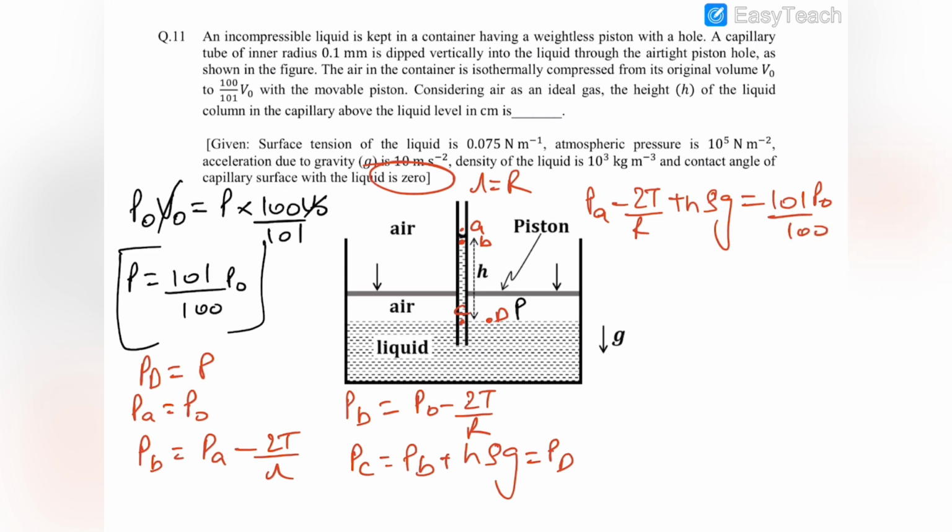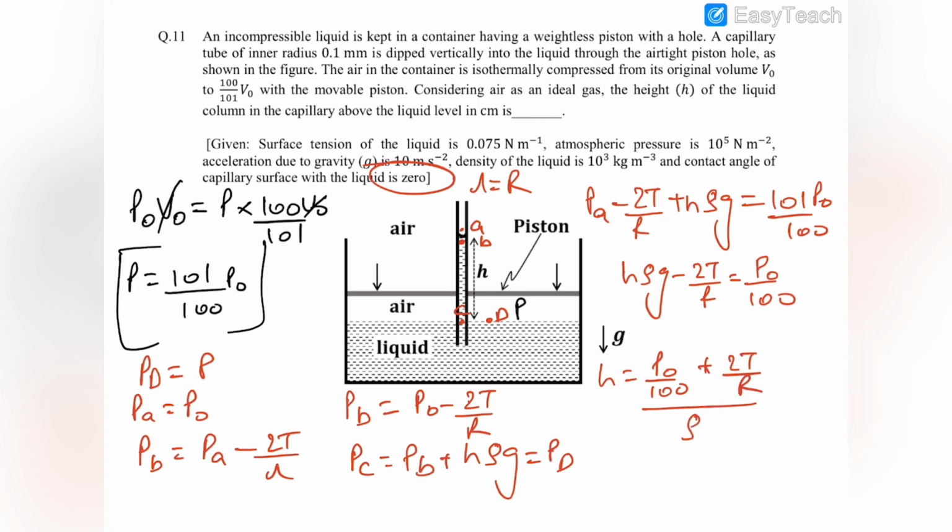Now you can see that PA is itself equal to P0. So h rho g minus 2T by R is equal to 101 P0 by 100 minus P0, which is 1 P0 by 100. Okay, so we have to find out h. So h would be equal to P0 by 100 plus 2T by R divided by rho g, obviously.